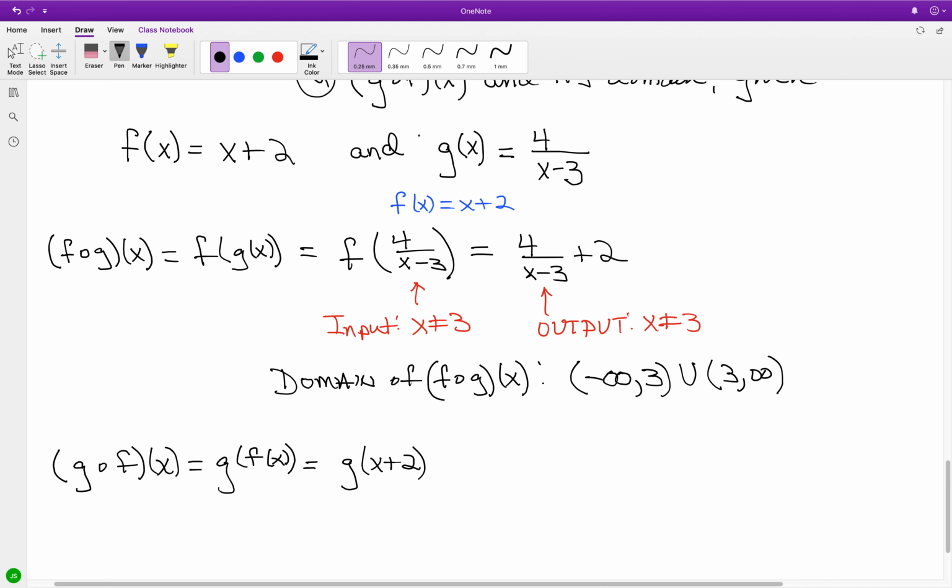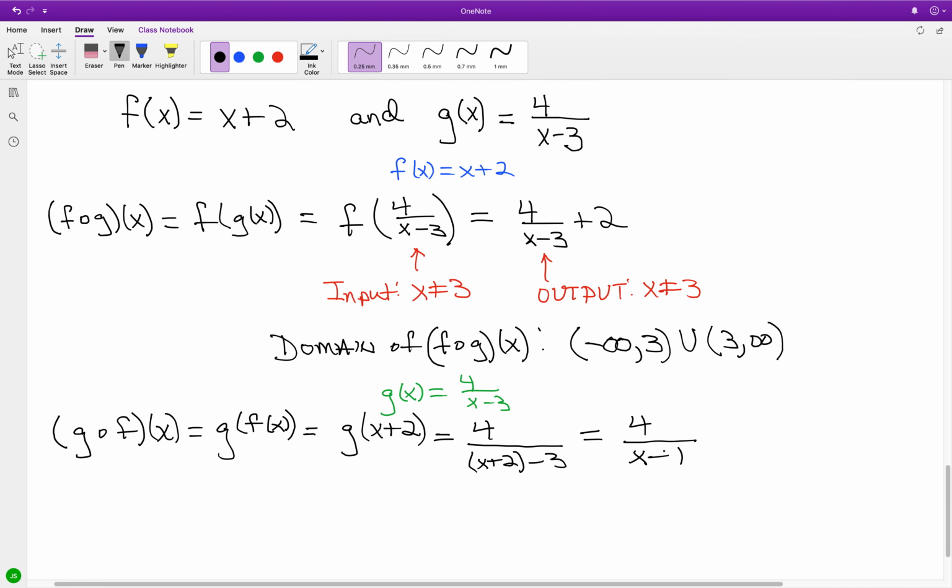Operating in accordance with g of x equal to 4 over x minus 3, g of the input is equal to 4 over the difference between the input and 3. So we have 4 over x plus 2 minus 3. If we combine the terms in the denominator, we come out to 4 over x minus 1. This is the resulting composition.